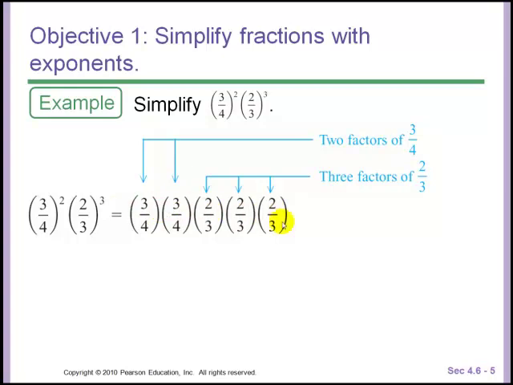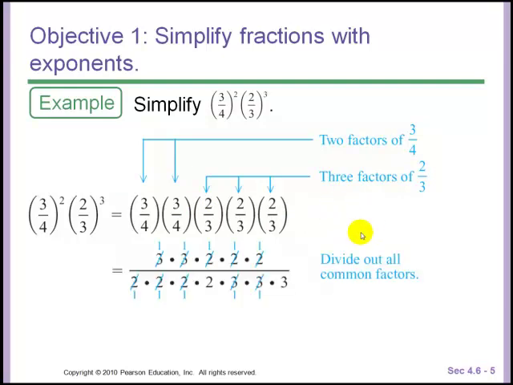Now to multiply, we could multiply all the way across, but this is going to give us a big number that will be annoying to simplify. It is easier to leave it in its broken down form and just cancel out what we know is the same in the top and bottom. This leaves us with a 1 overall on top and a 2 times 3 or 6 in the bottom. Therefore, 3/4 squared times 2/3 cubed simplifies out to be 1/6.